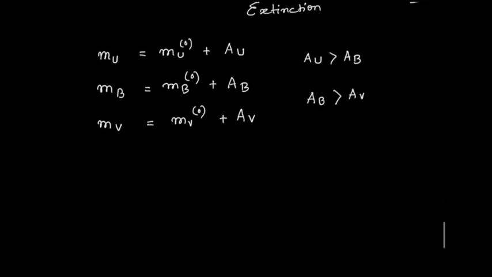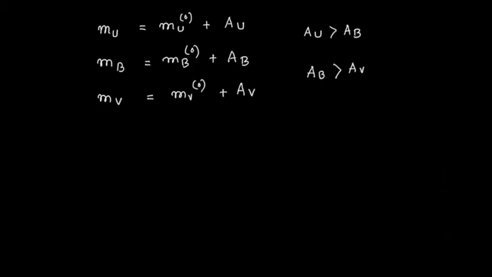Now let me define something for you. This is the astronomical definition of colors. It is completely unlike what we call color. So we have the U minus B color, which is nothing but MU minus MB.